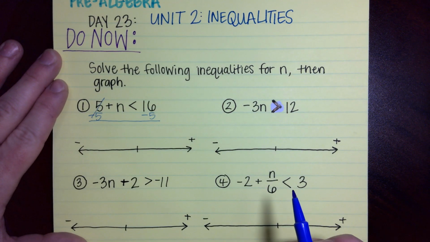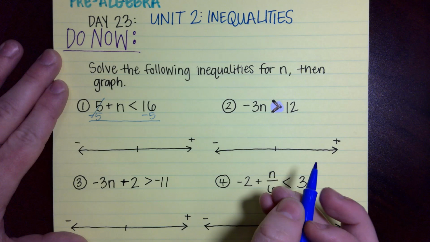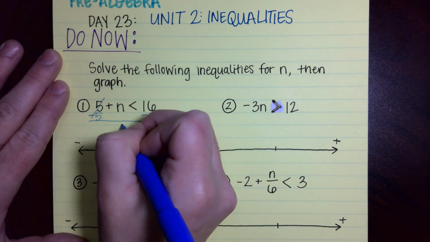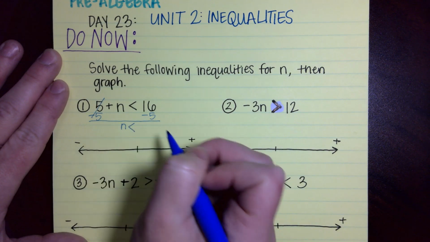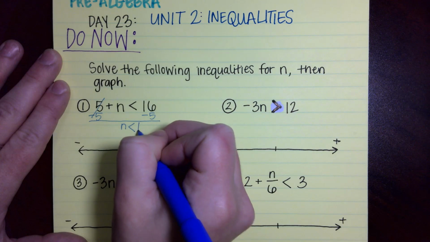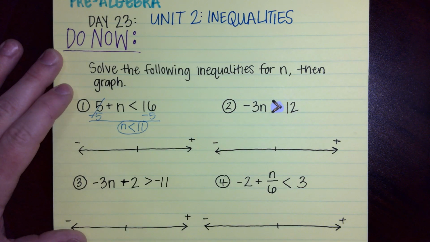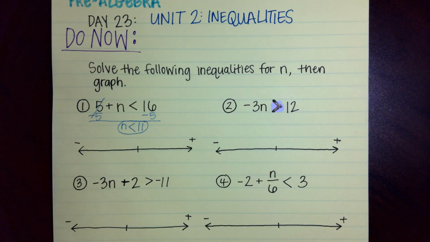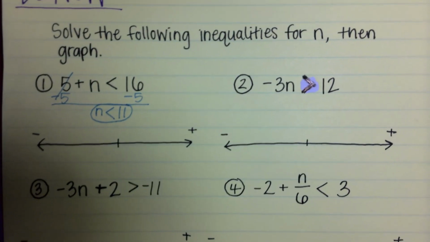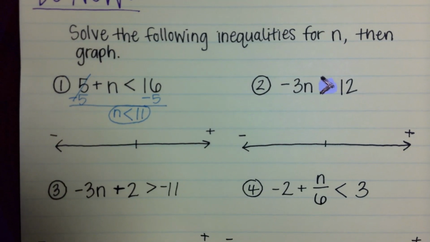Yeah, my 5's cancel out, and then what am I left with? n is less than 11. So we just found that n is less than 11. How can I show that visually on my graph?